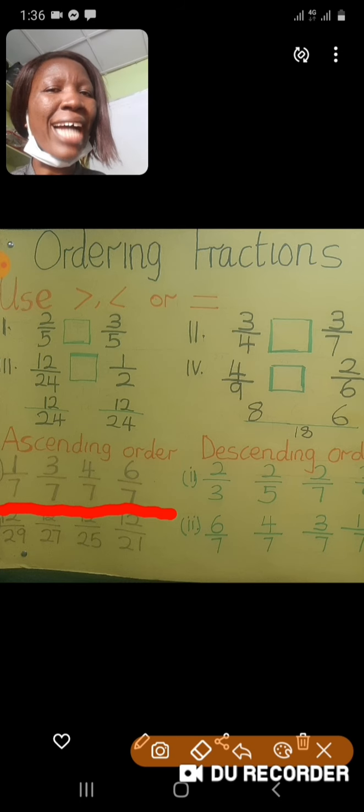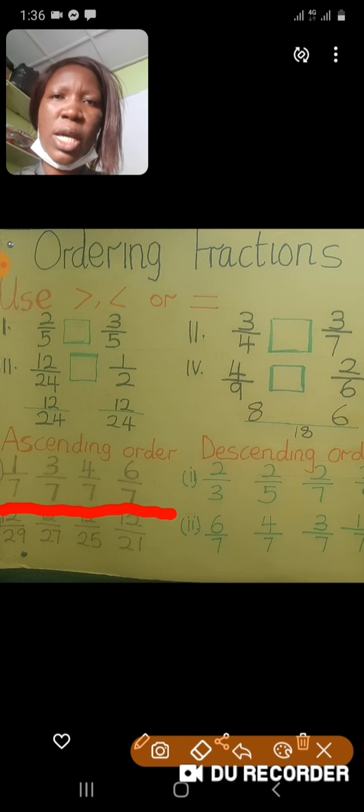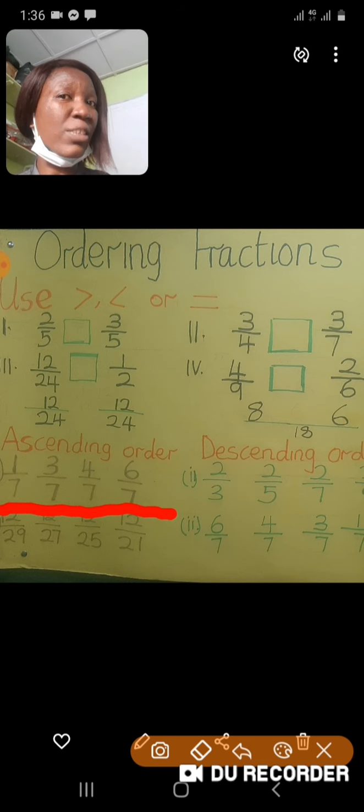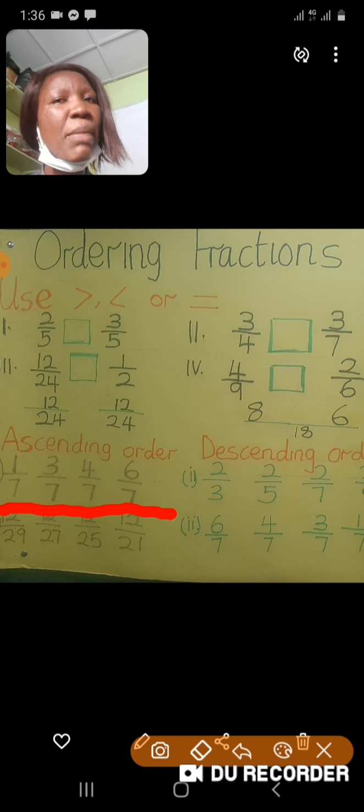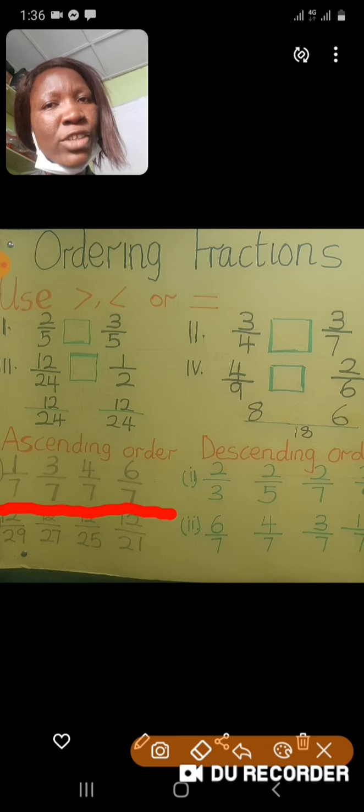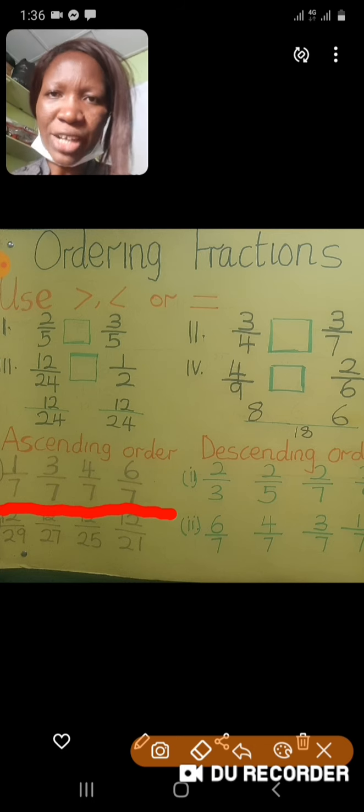Whenever the denominators are the same, the smaller numerator is the smaller fraction and the bigger numerator is the bigger fraction.